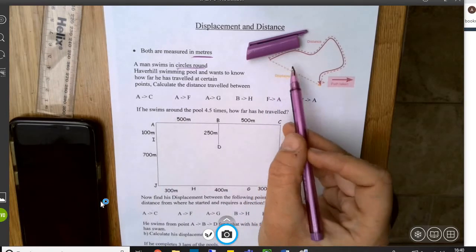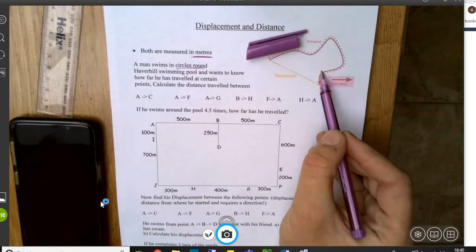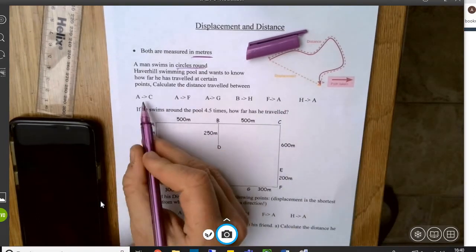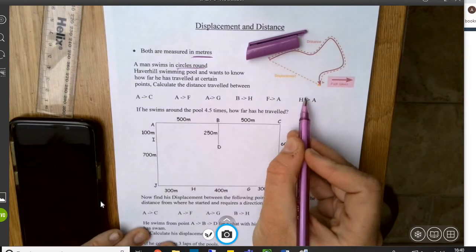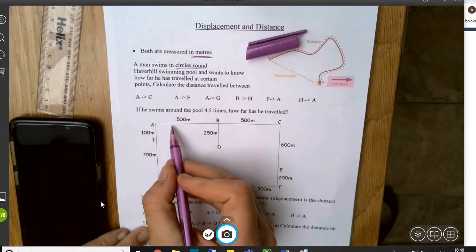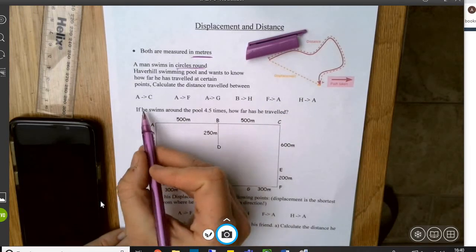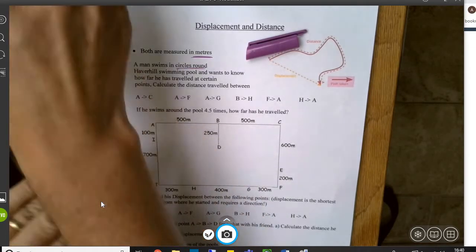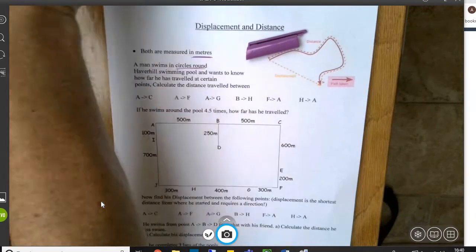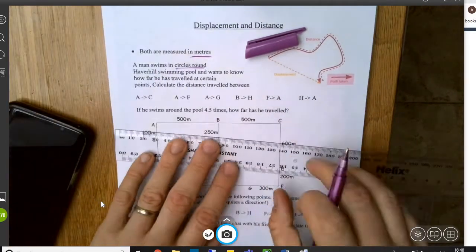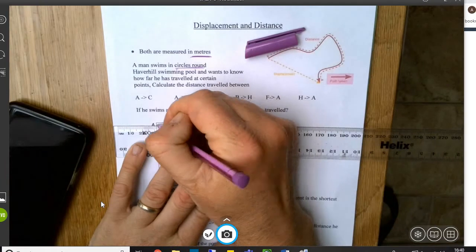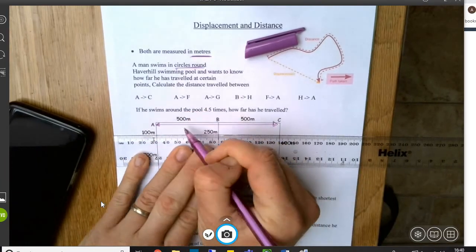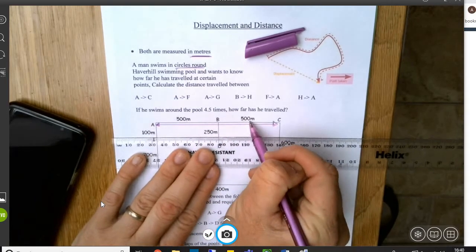Now we know that distance is just the route that they take, the path that is taken. So all we need to do for these first questions is to add up the distances that he has swum. For A to C, we know that he has travelled all the way from A to C, and that is 500 plus 500 meters.